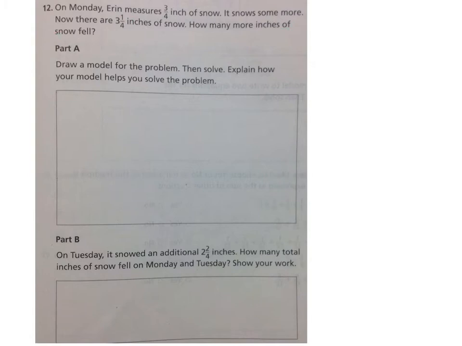Now, part A is asking us to draw a model to solve the problem. I'm going to start with drawing the total number that we have, 3 1/4 inches. In this model, we have 1, 2, 3, and 1/4.